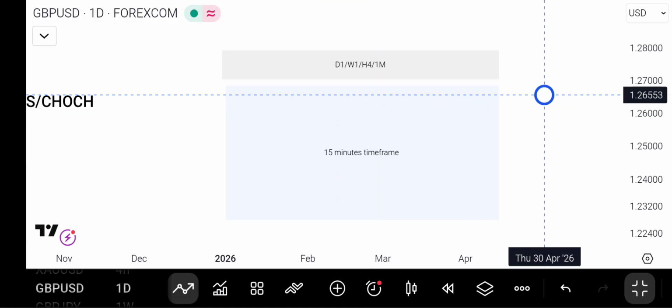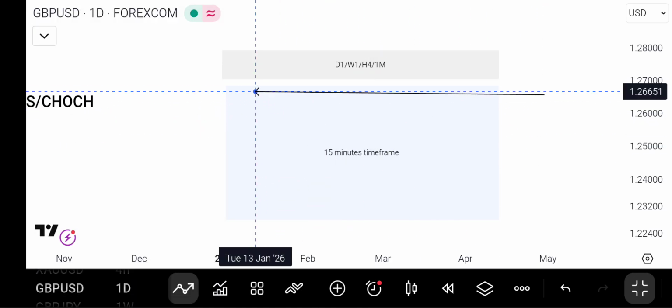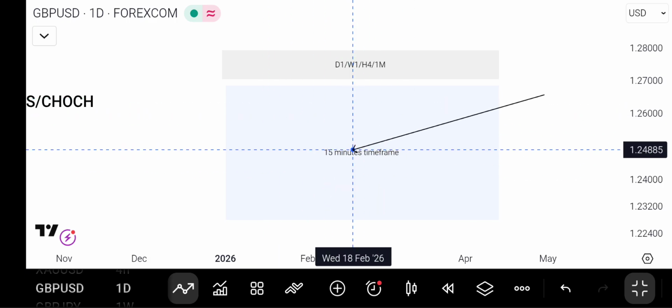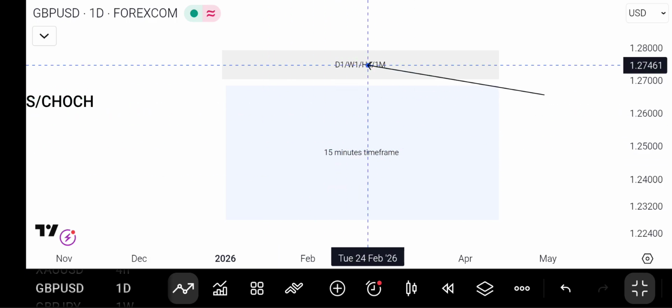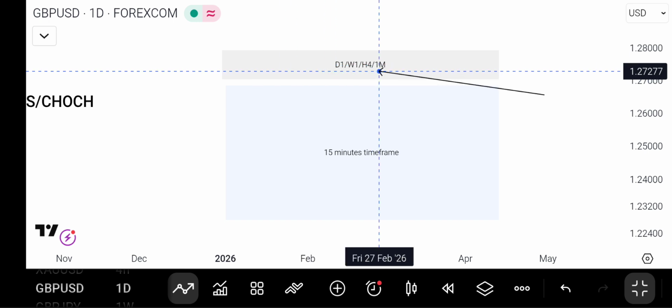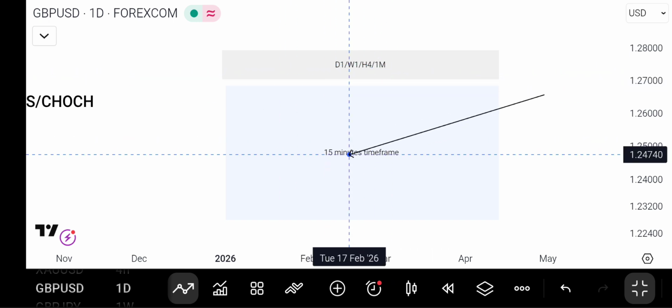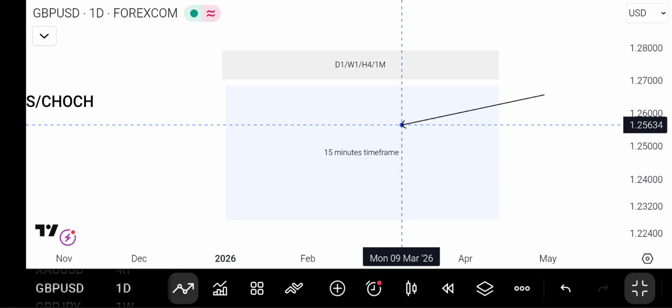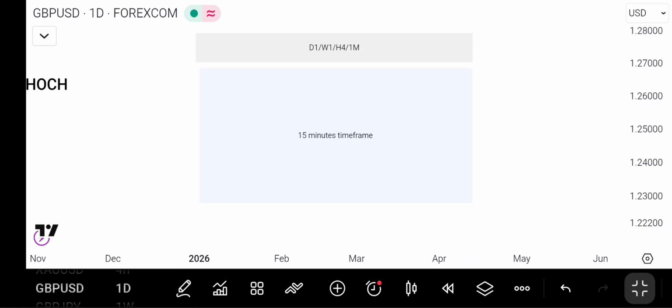All right, this blue layout is our 15 minutes time frame, which is a lower time frame, and this up here is our bias point of interest, which we expect markets to trade into to give us a valid market structure shift. Right now, this is what usually happens on gold.